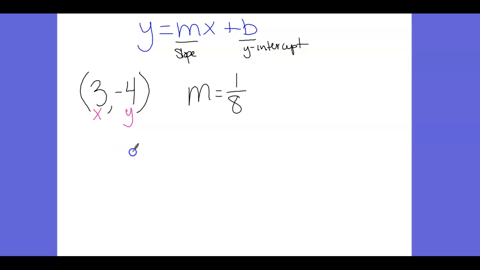So Jordan would replace -4 equals, do we know the slope? Yes. What's the slope? 1/8 times, do we have an x? Yes. What is the x? 3. So the only thing I am missing is my plus b. That'll be the same for every single one of them.